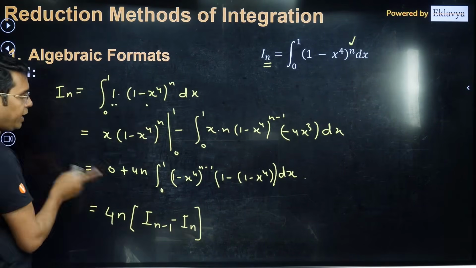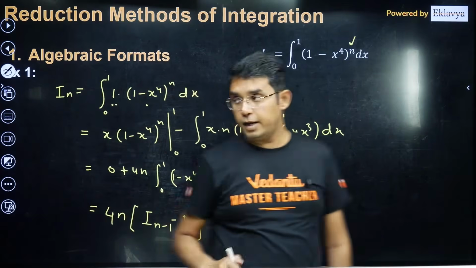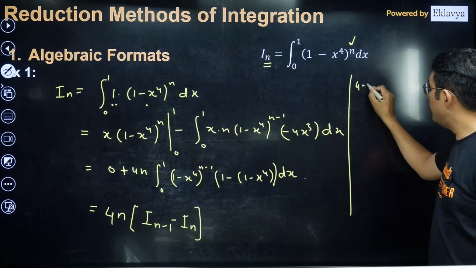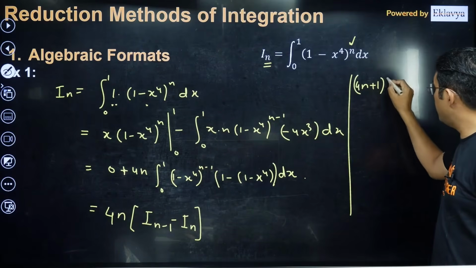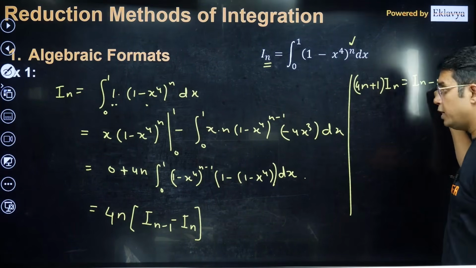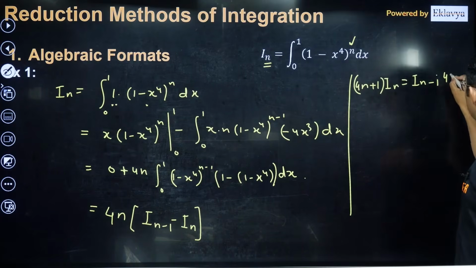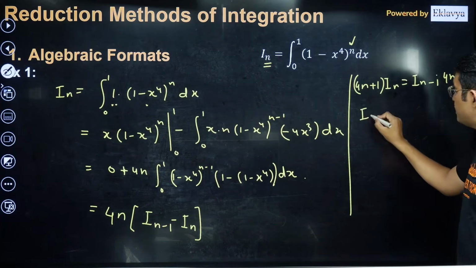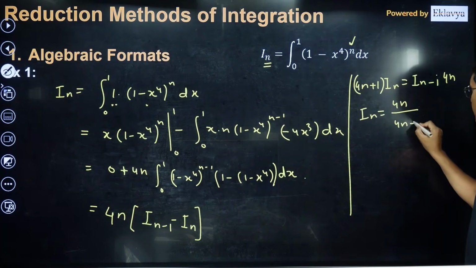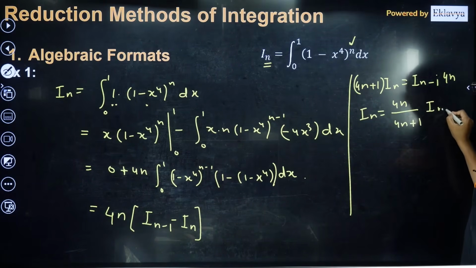Now if you take Iₙ on the other side, we will be getting (4n plus 1) into Iₙ equal to 4n into Iₙ₋₁. So finally, the expression for Iₙ would be 4n upon (4n plus 1) into Iₙ₋₁.